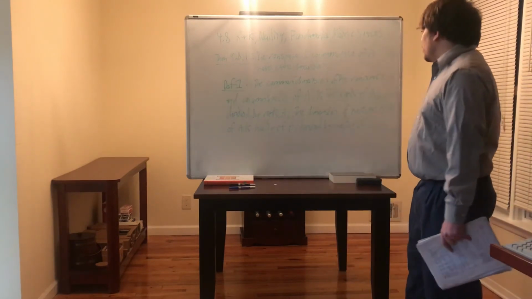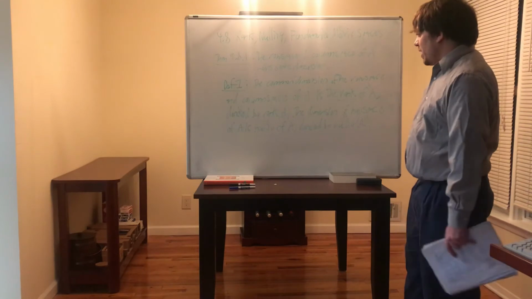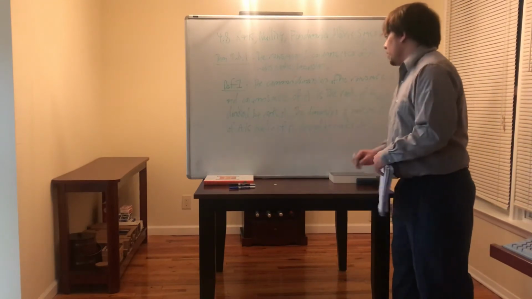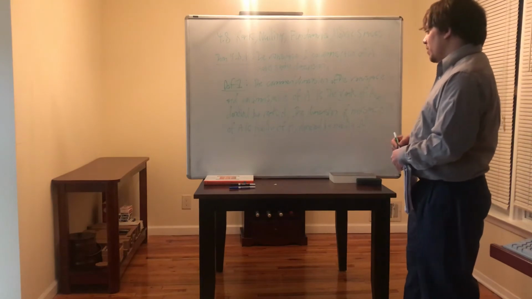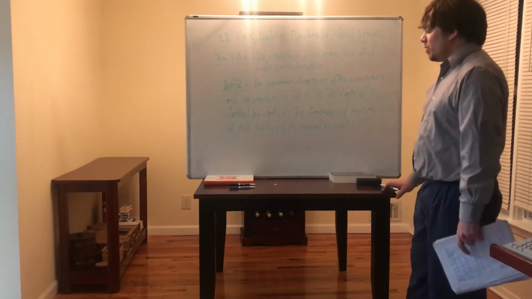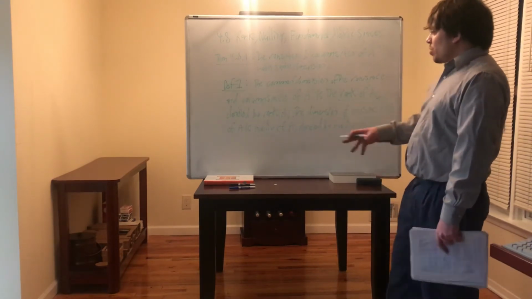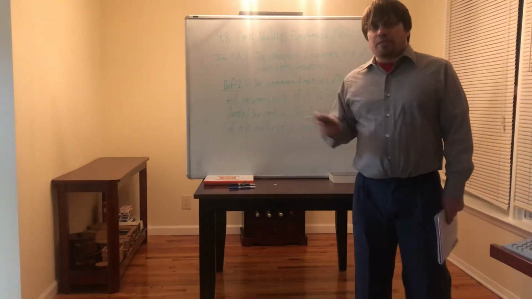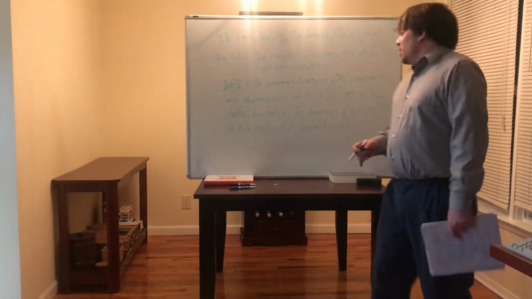So the common dimension of the row space and column space of the matrix A is the rank of that matrix A, denoted by rank of A. The dimension of the null space of A is the nullity of A, denoted by that symbol. Right? So the row space and column space of the matrix have the same dimension. That common dimension is the rank of that matrix A.